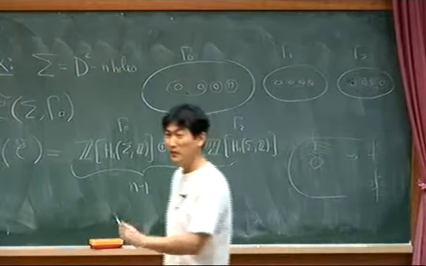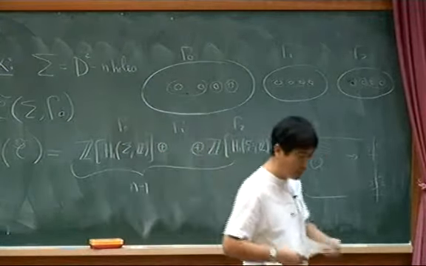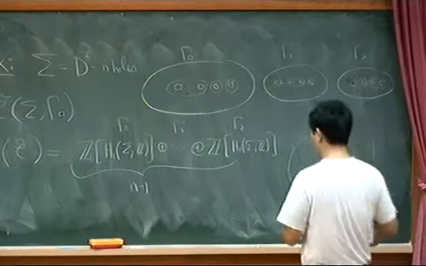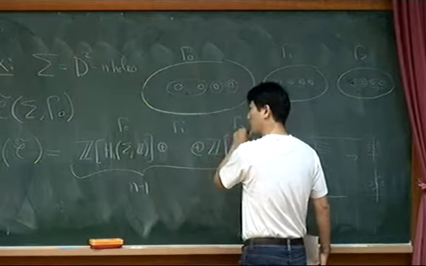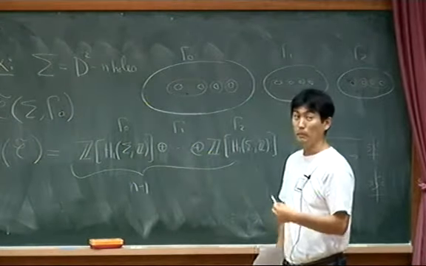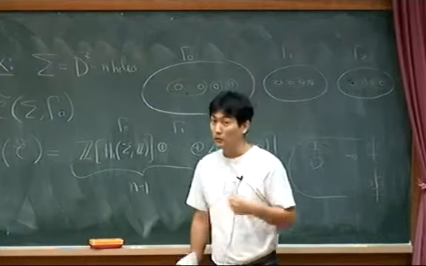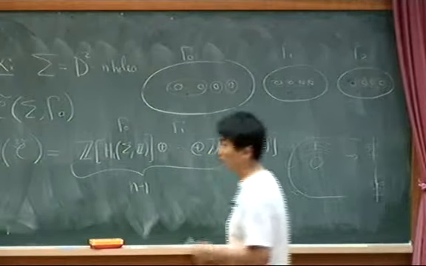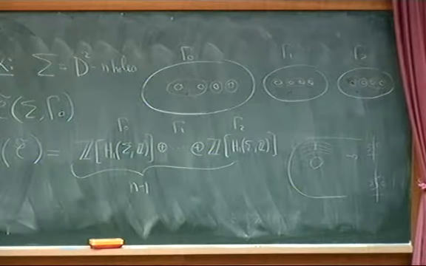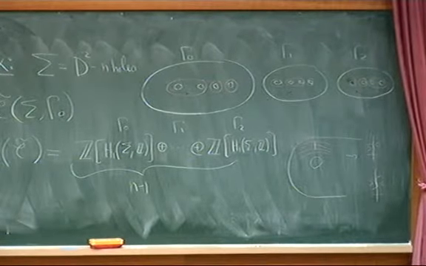Now you know that it's typically not so hard to show that these generators actually generate the Grothendieck group. But it's tricky to show that there are no other relations. Sort of.